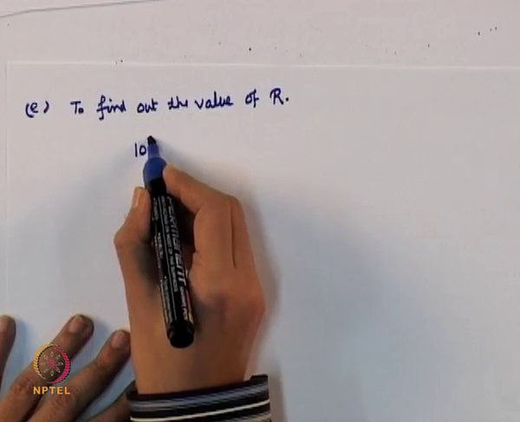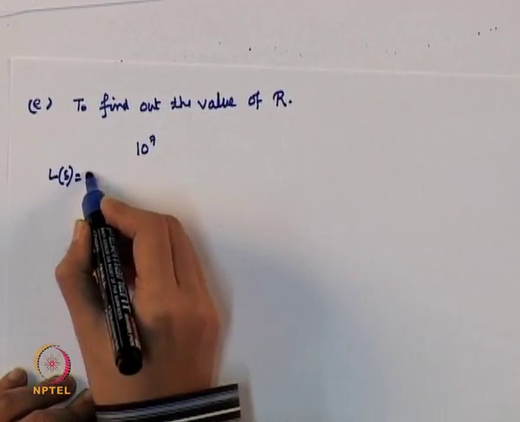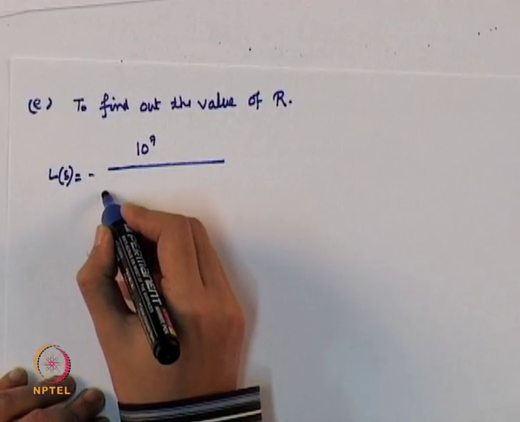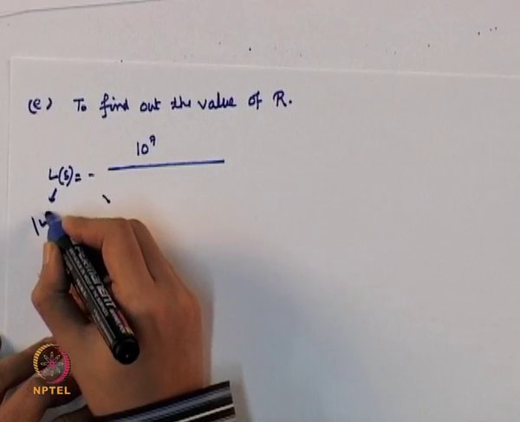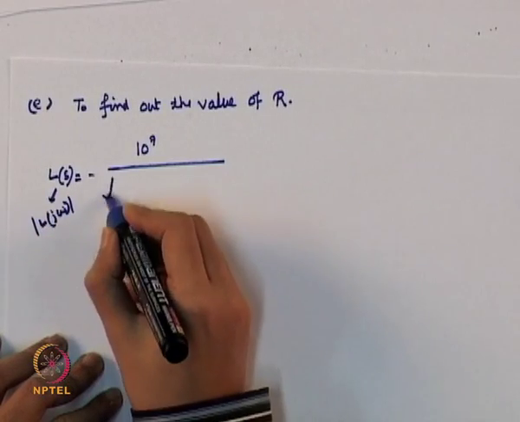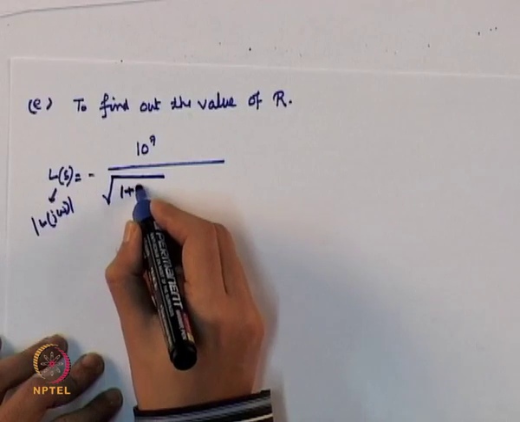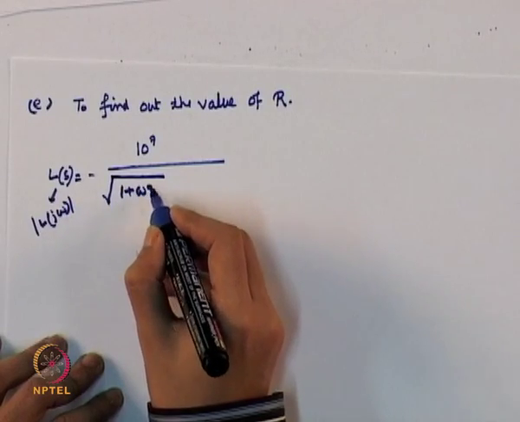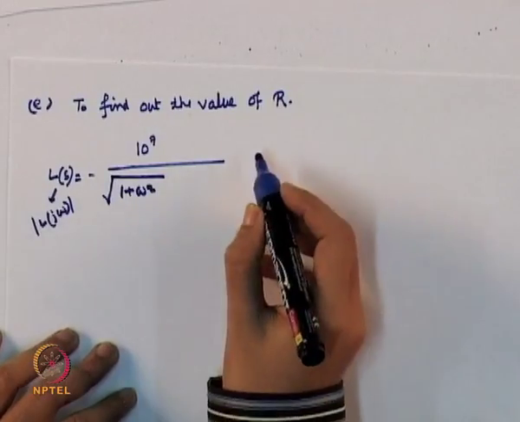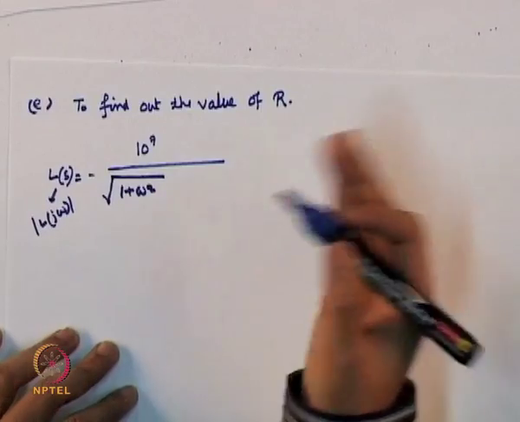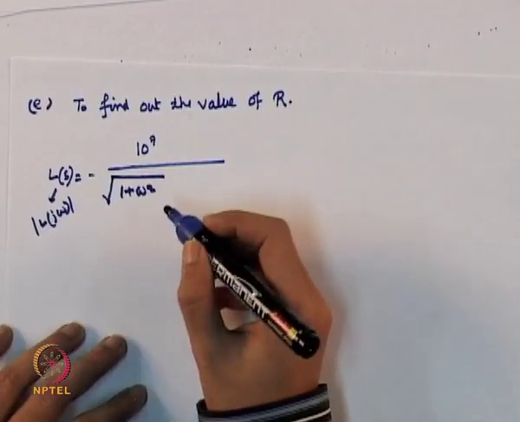so again we will see the Ls, or rather we can directly take the mod Lj omega, because we know this phase margin has been calculated at the unity gain frequency point. So, that 45 degree phase margin will correspond to the unity gain frequency for that omega.